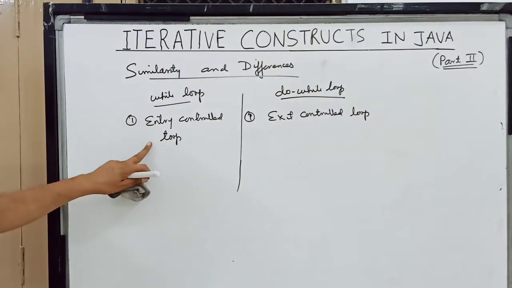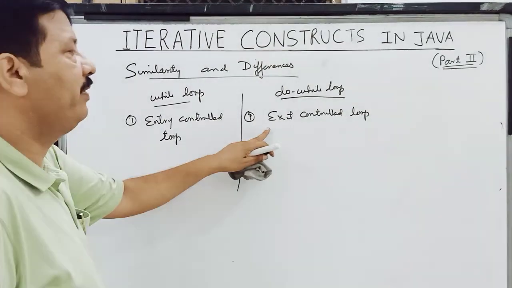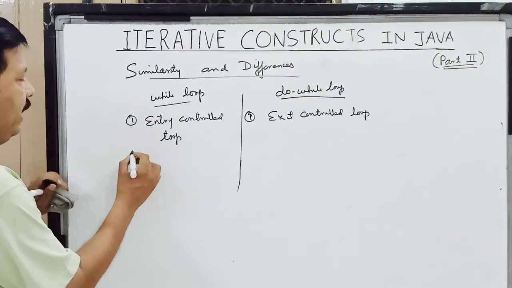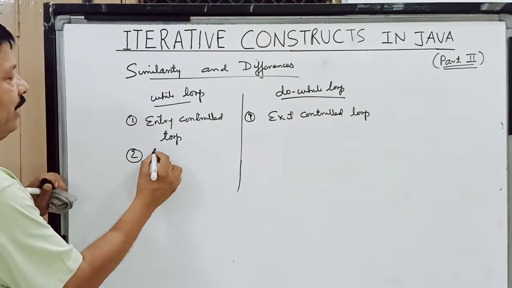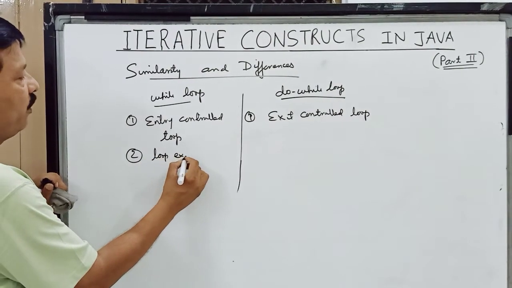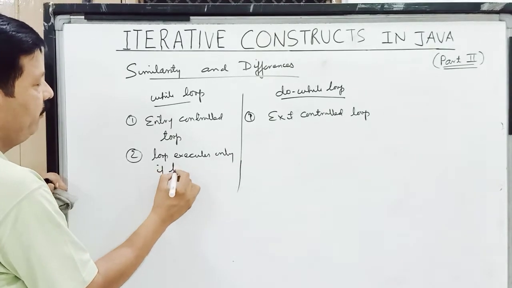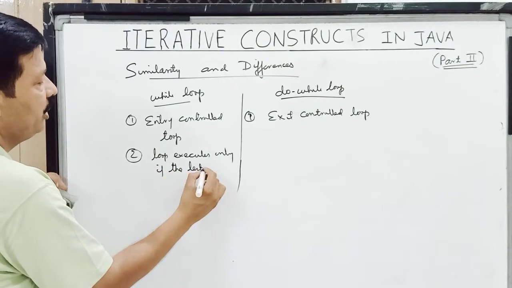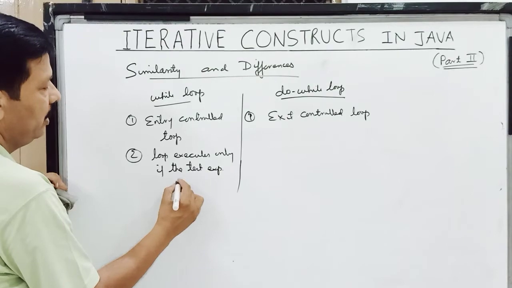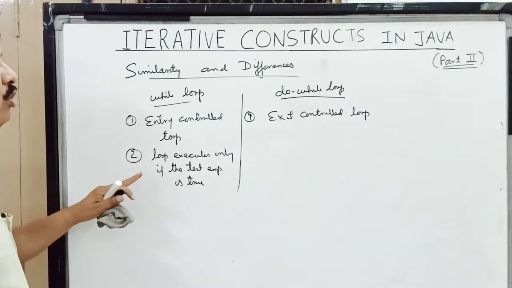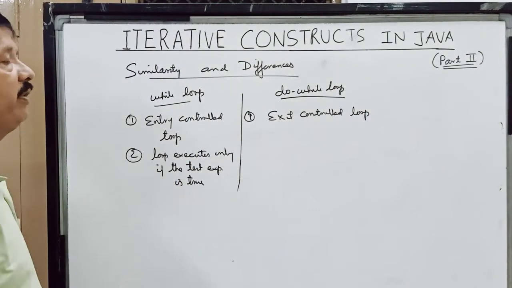So while is an entry control loop and do while is an exit control loop. And here we say that the loop executes only if the test expression is true.